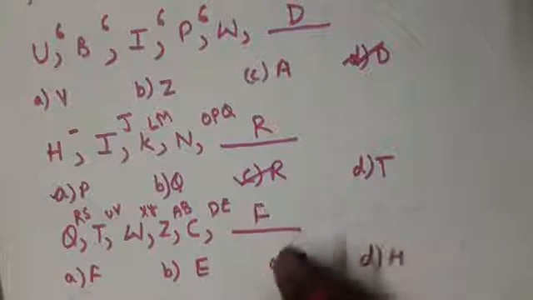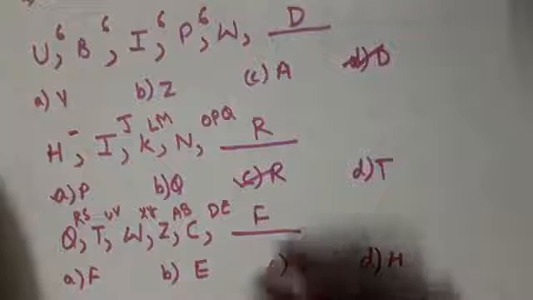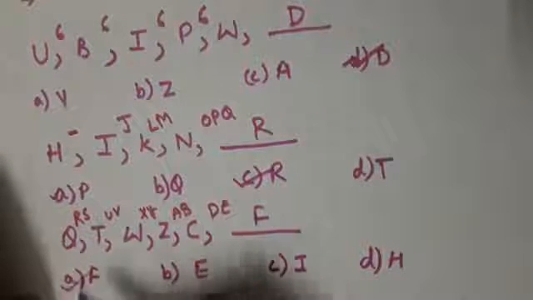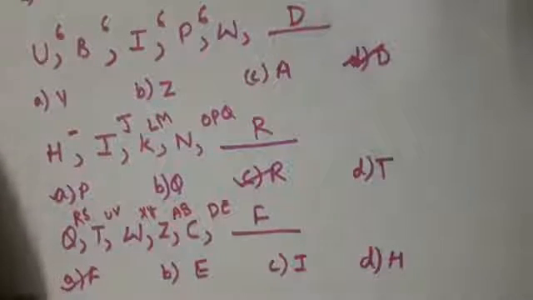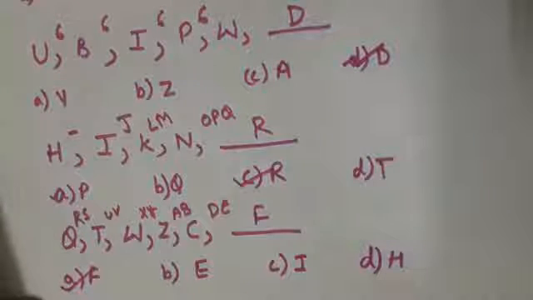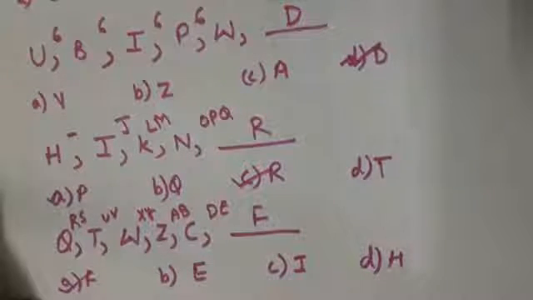F. In this series, F will be the answer. We will tick on F. I hope you understood all the questions which were given in the homework. So in this manner, you have to complete all the series.